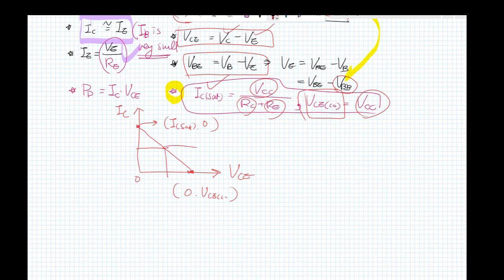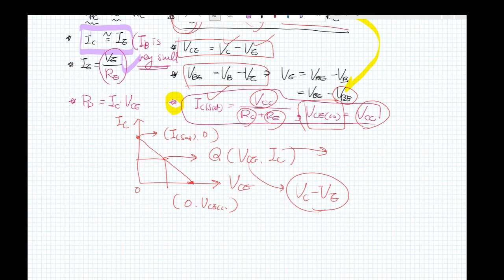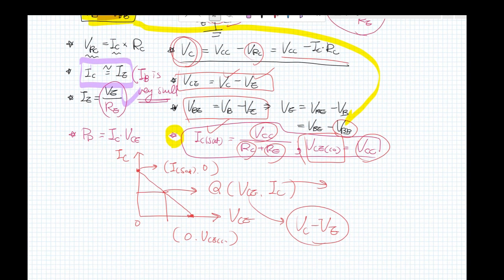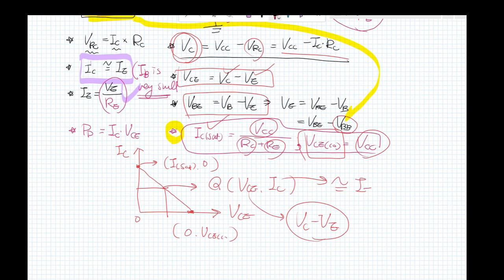And then the Q point here is V sub CE and I sub C. V sub CE we have already calculated before, V sub C minus V sub E. And I sub C is similar to I sub E here.